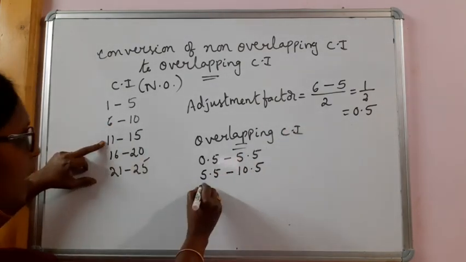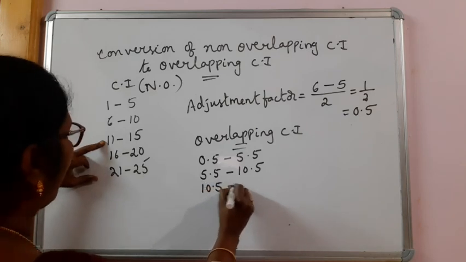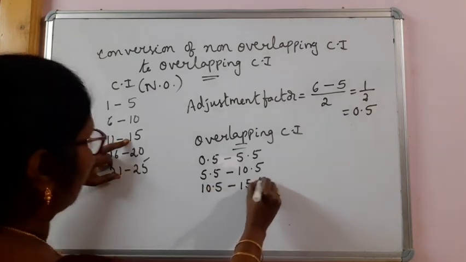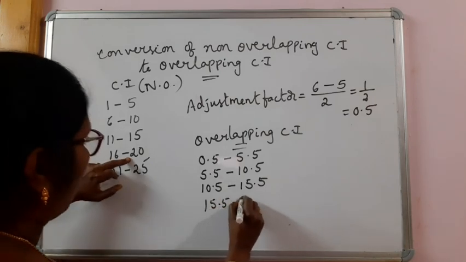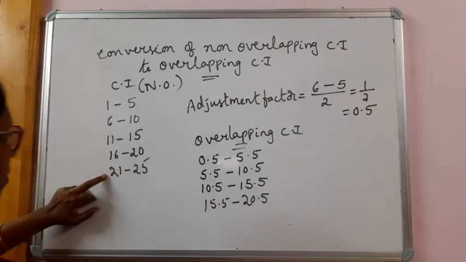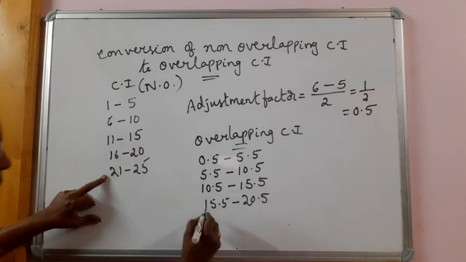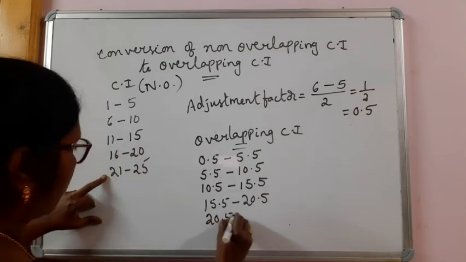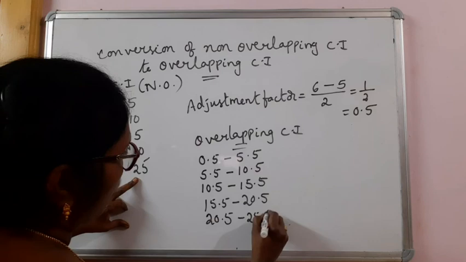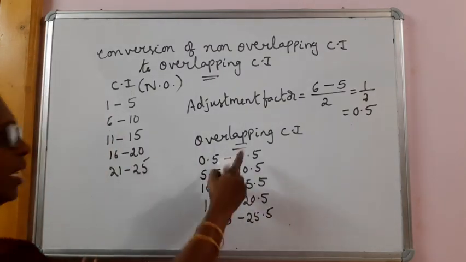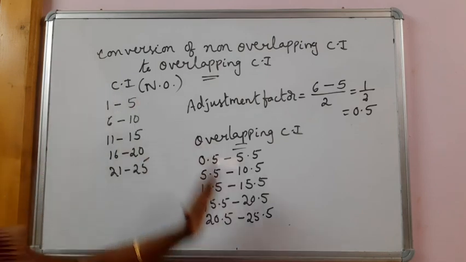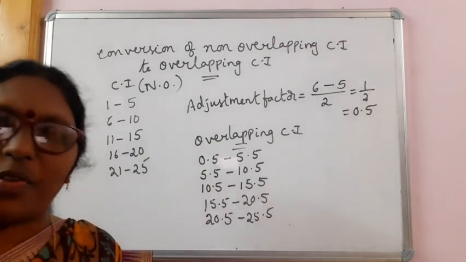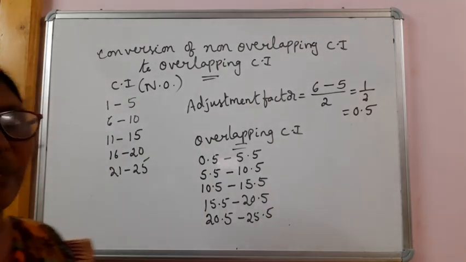Here 11 minus 0.5 is 10.5. Here this is 15.5. Here 16 minus 0.5 is 15.5. This is 20.5. And here 21 minus 0.5 is 20.5. And this is 25.5. So this is how we can convert non-overlapping class intervals to overlapping class intervals.